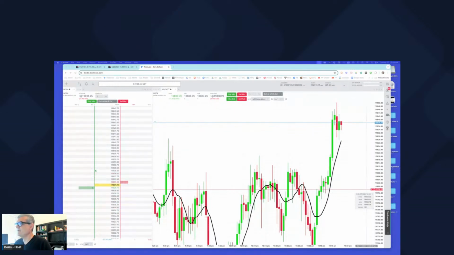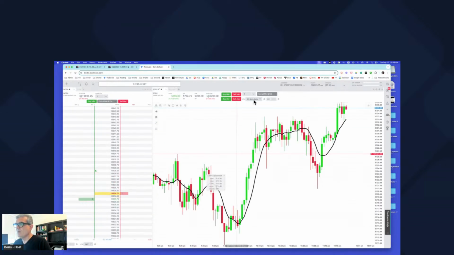This went to 50 on the target before, so I had a good move here, but now it doesn't. The 3-dot trade is a 20-point stop, 20-point target, 40-point stop. On the NASDAQ and the S&P, it's a 4-point target, 8-point stop. Okay, you can see it right here.